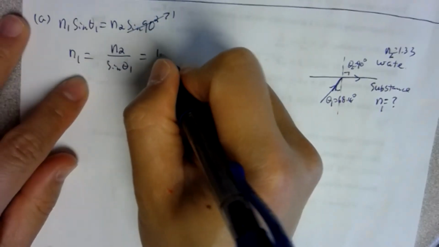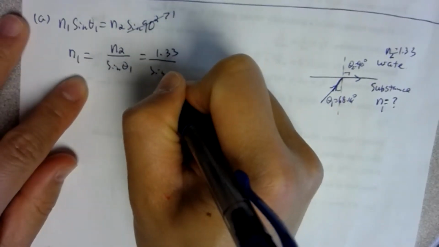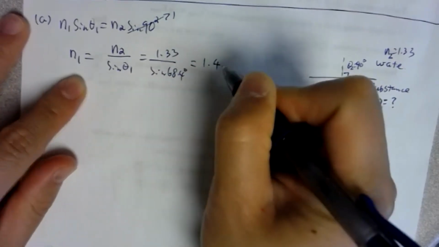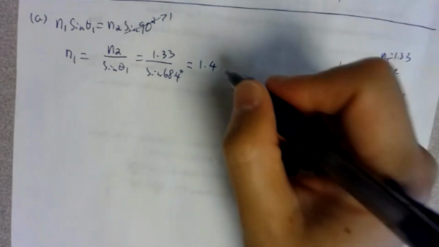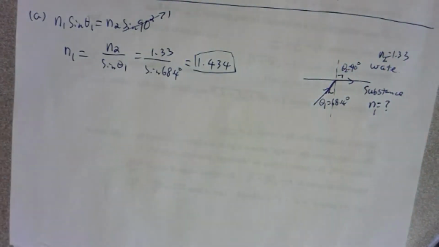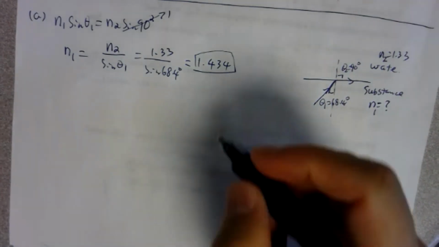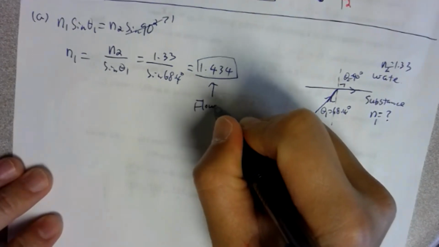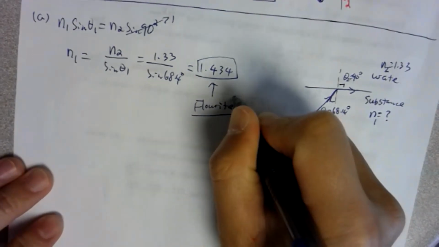So 1.33 over sine of 68.4 degrees gives you 1.434. You look this up in the textbook, table 1.1, and this tells you it is fluorite. So that's the substance.